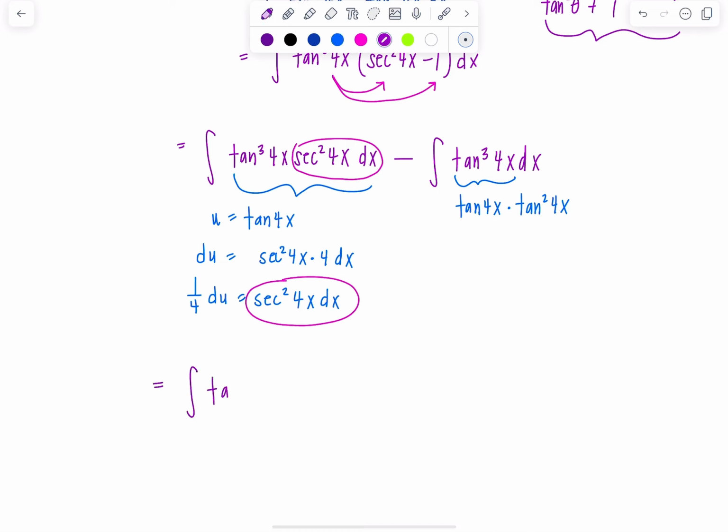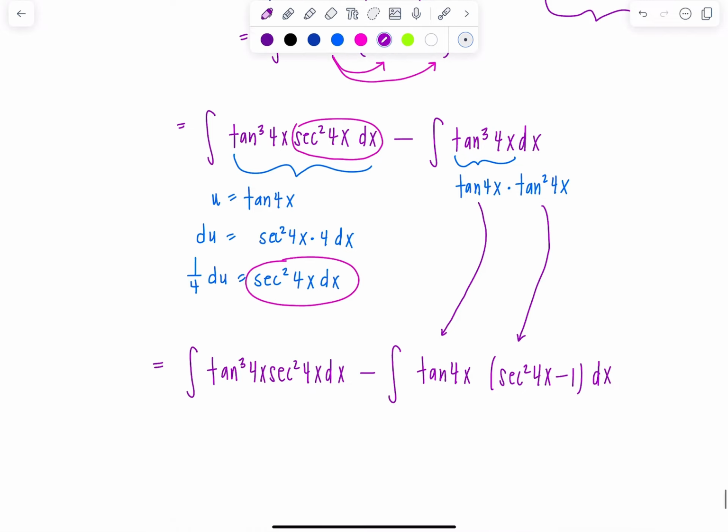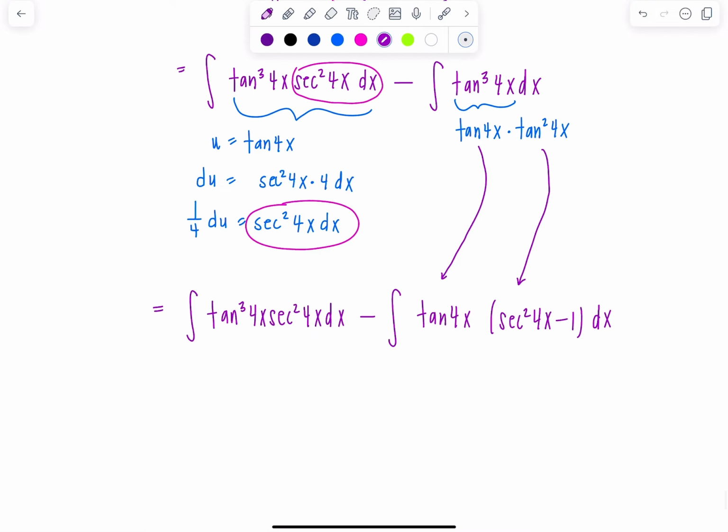So we've got tan cubed 4x secant squared 4x dx minus, this is going to come down, tan 4x, I'm keeping that. But tangent squared 4x, I'm going to replace again with secant squared 4x minus 1 dx. And then we'll go ahead, distribute, and I'll have 3 little integrals right here.